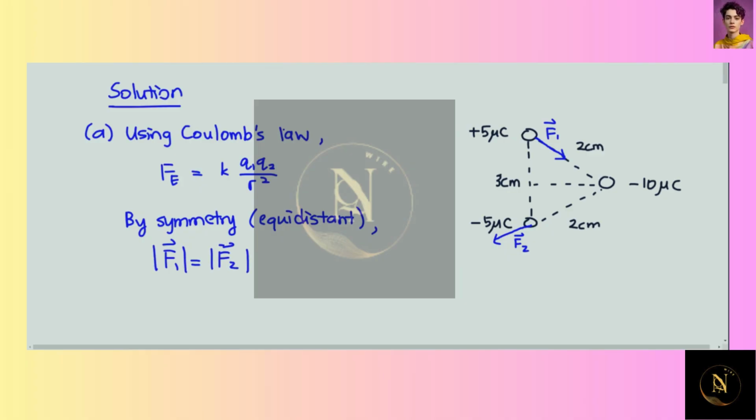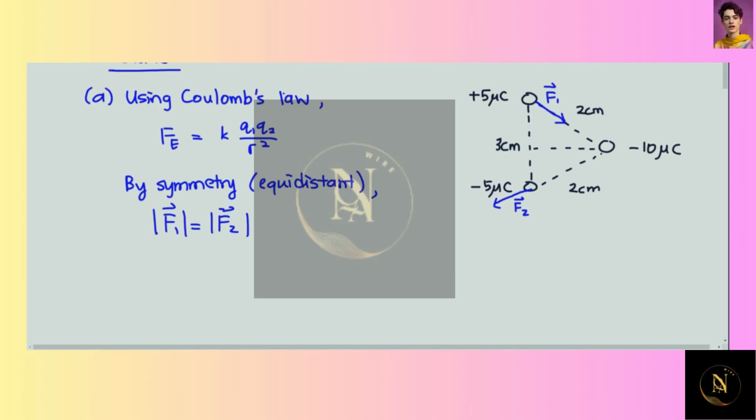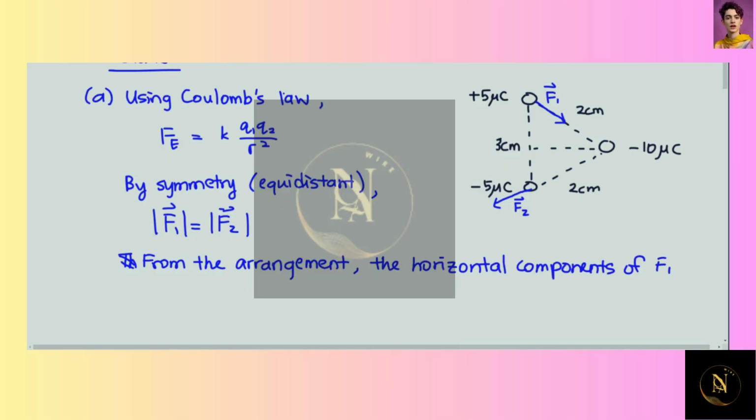If you look at the geometry of the arrangement, the horizontal components of F1 and F2 cancel out, so we only need to sum the vertical components.